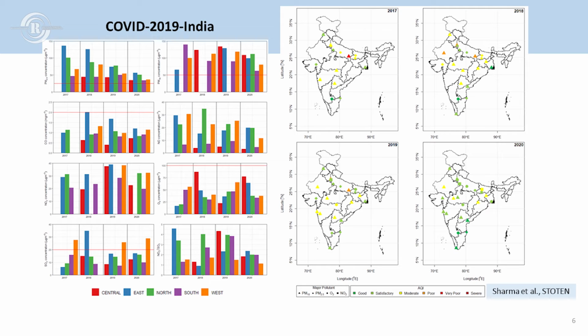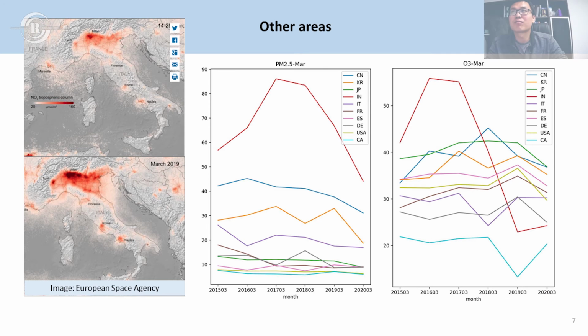But we didn't see continuous reductions of ozone concentration, but some increases in different regions. This is also due to the complex atmospheric processes, in addition to the reduction of the emissions. Other countries, for example, this should be Italy.